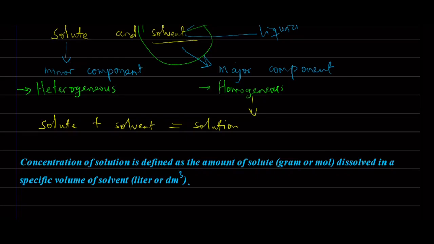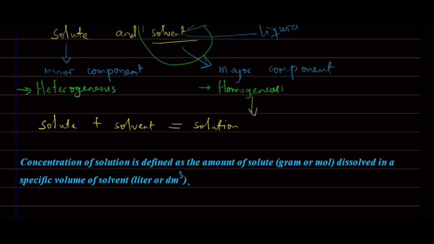So that is the definition of concentration of solution. The basic difference is that in concentration of solution, we are able to weigh the amount of solute by using a chemical balance. We weigh the solute, then we dissolve it in a specific volume of solvent using a graduated cylinder in the lab.